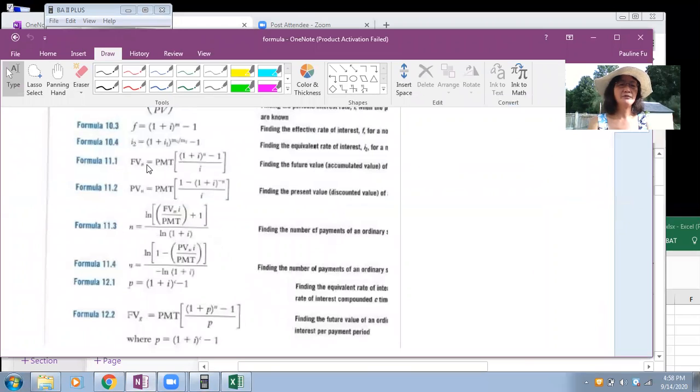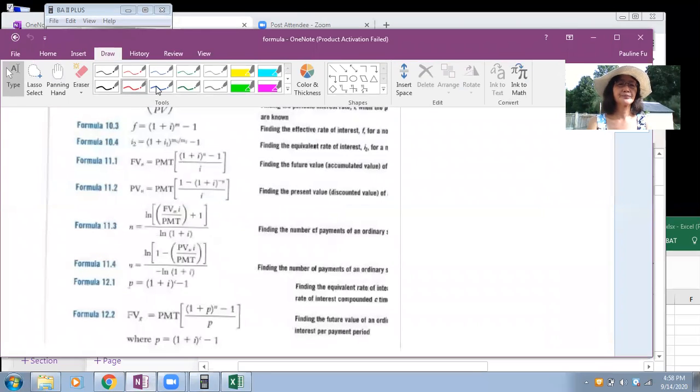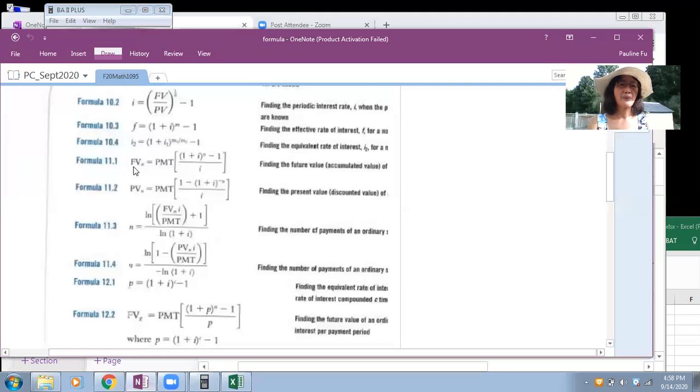Because what we are given here, you are given the present value. The present value is given, I is given, N is given. You are asked to solve for PMT, okay? So you can just solve from here.